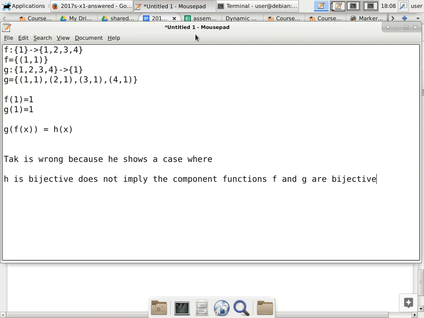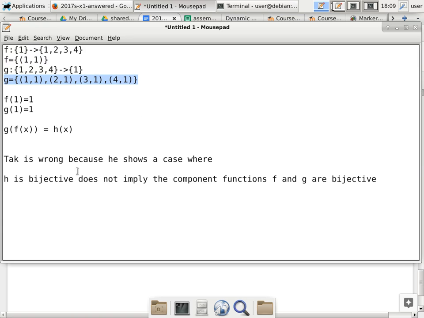Because in this case, F is clearly not bijective. Why is it not bijective? Which requirement is it missing? It is not surjective. H is also not bijective. Why? How is it not bijective? It is not injective. Very good.